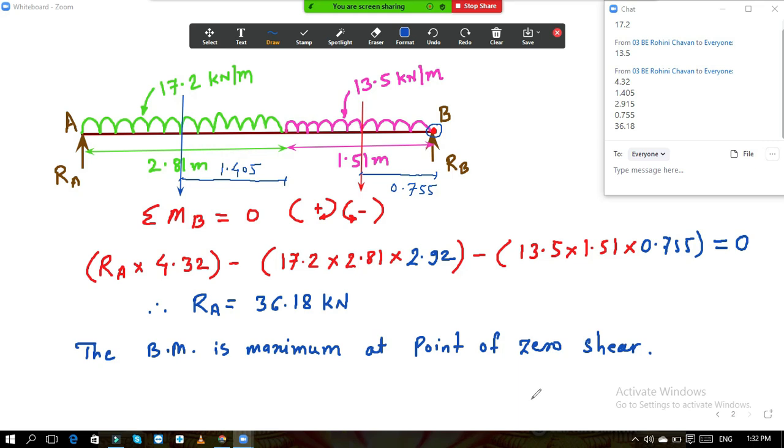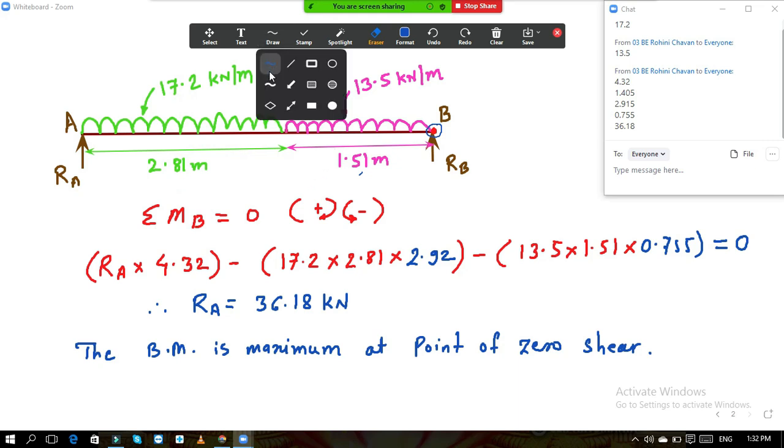We will write the shear force equation for that section, and we will equate that to 0, because when the shear force is 0, then only we will get the maximum bending moment. So for that purpose now I will erase this, so that in this diagram only we will do the further things.